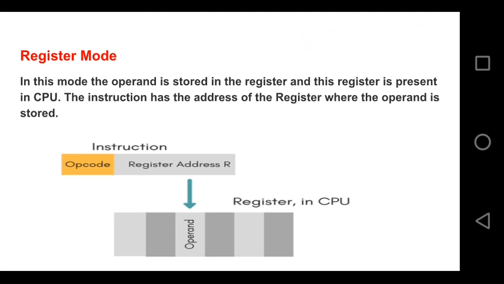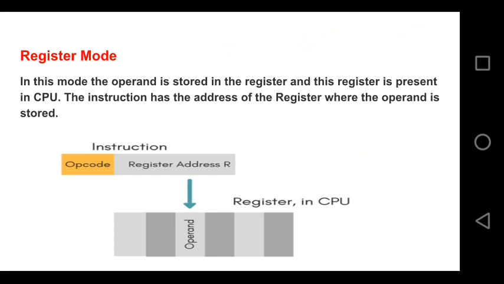The instruction has the address of the register where the operand is stored. Address means the name of the register, where the actual value is being stored. This is called register addressing mode.